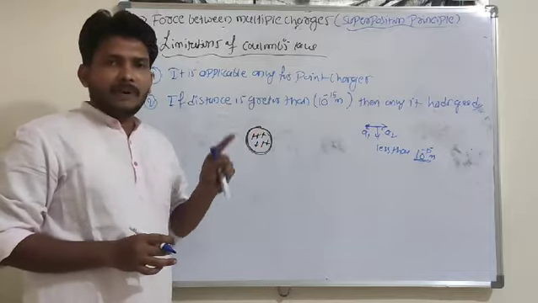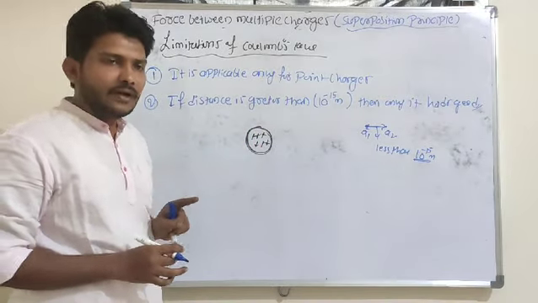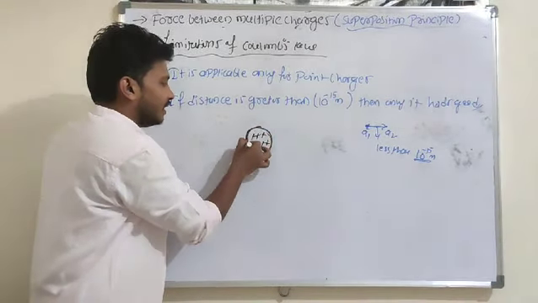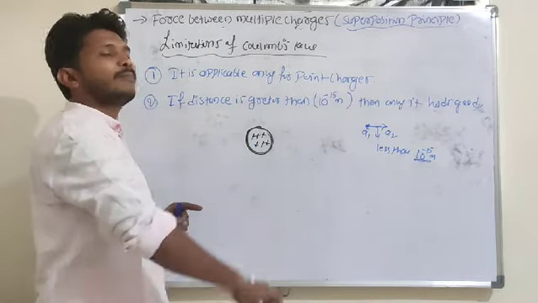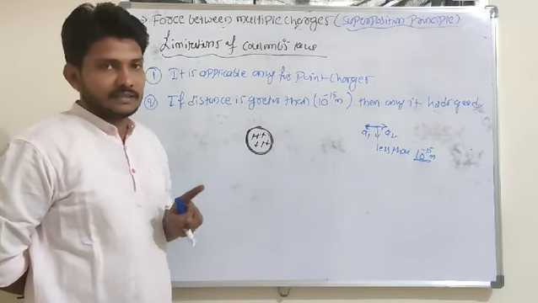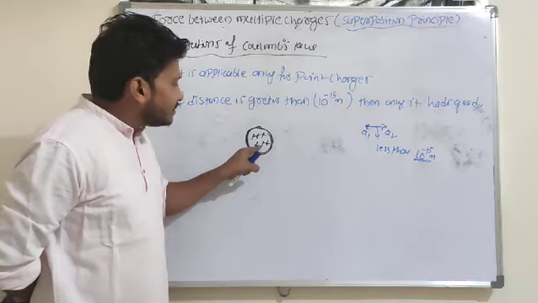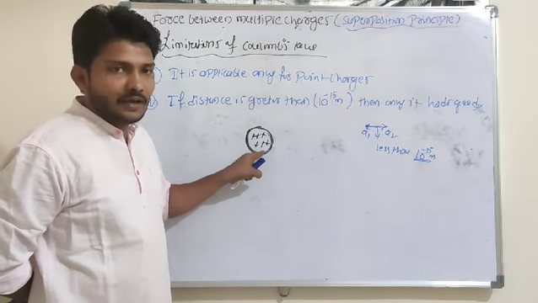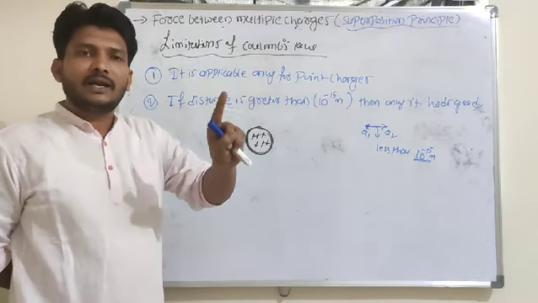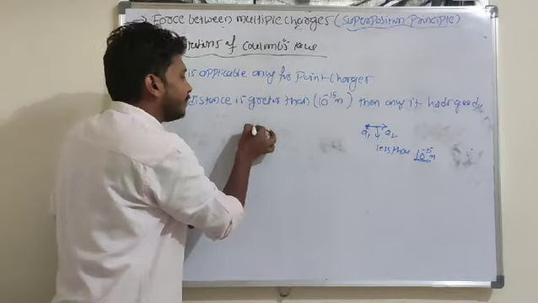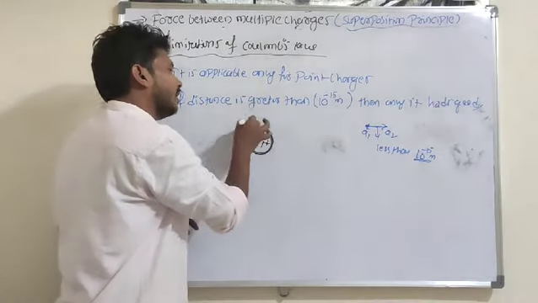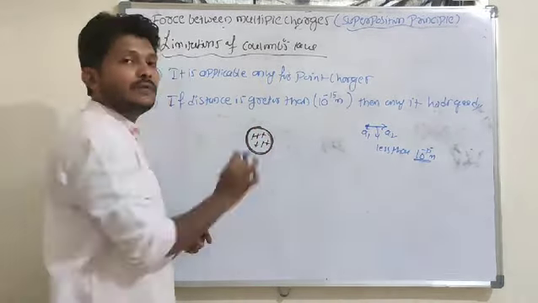Like charges should repel each other. Did you get my point here? So the nucleus consists of protons, which means like charges, and like charges should repel each other. How are all the positive charges, or all the protons, present inside the nucleus here?